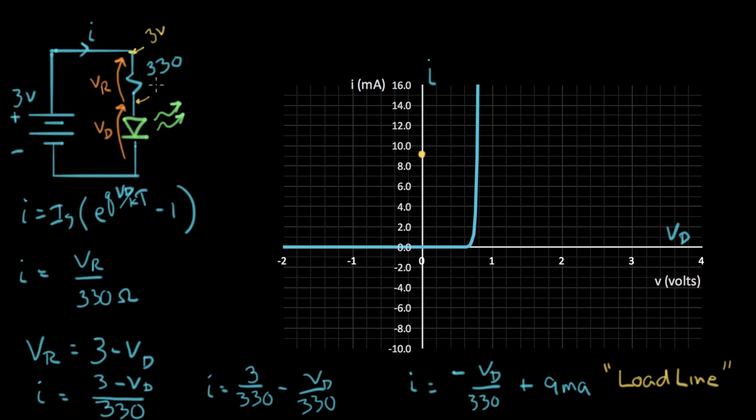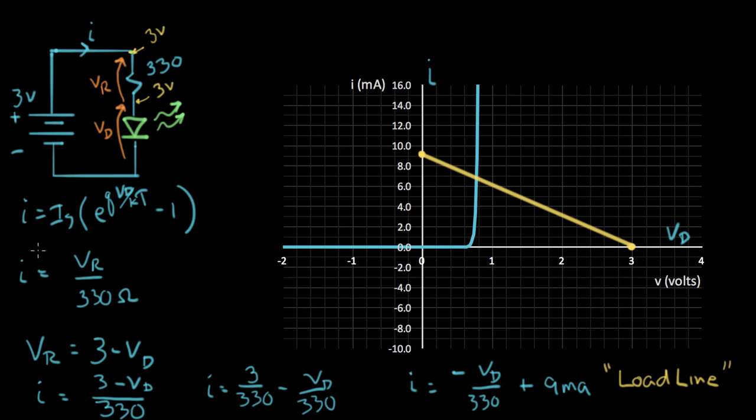So that means the voltage here is 3 volts, because I know the current is 0. So let's put that point on our line. When I is 0, V is 3 volts. So there's another point on the line. And now we have 2 points, and we can draw a line between them, like that. And what we've drawn is the load line for this 330 ohm resistor.